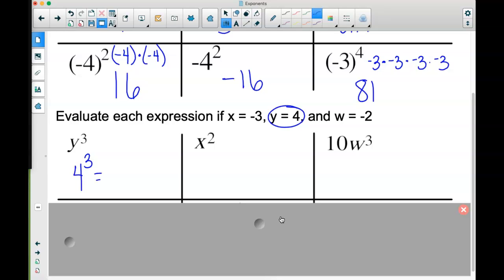And you can use your calculator. 4 to the third power is 64. Okay? If we're doing x to the second power, x being negative 3, now you have to put the negative 3 in parentheses because you want the negative sign to stay with it. Okay, so we're doing negative 3 times negative 3, which is positive 9.